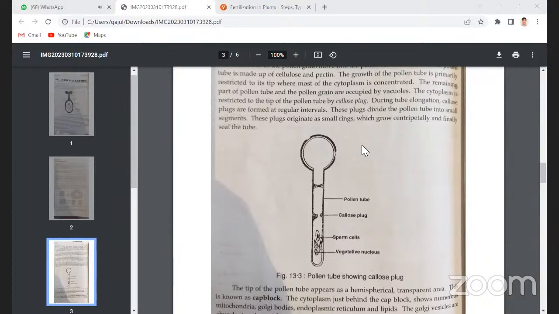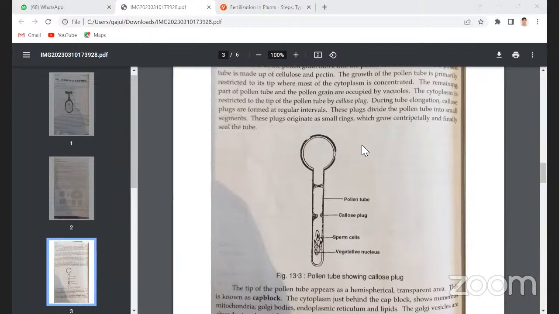the styles are hollow and show a canal running continuously from the stigma to the base of the style. You observe this diagram. The stylar canal may contain secretory fluid. In Amaryllis and Lilium it may remain dry, and in Crocus as well.